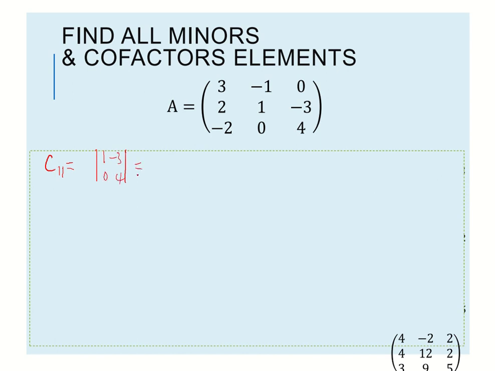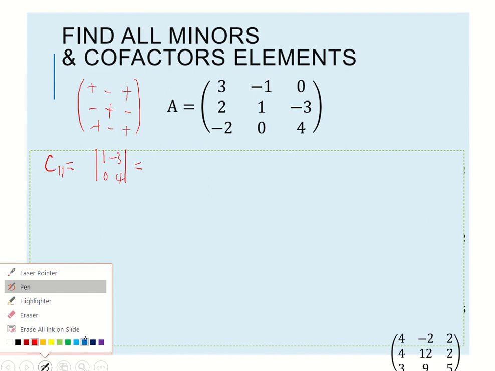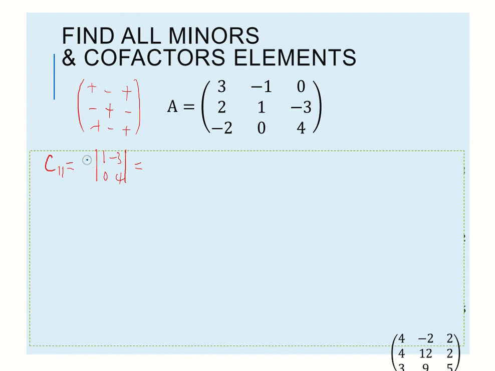All right, so this is the minor. Now, how about the sign? The sign is alternately one positive, one negative. So for this one the sign is positive, so I'm going to put a positive here, multiplied by the minor.